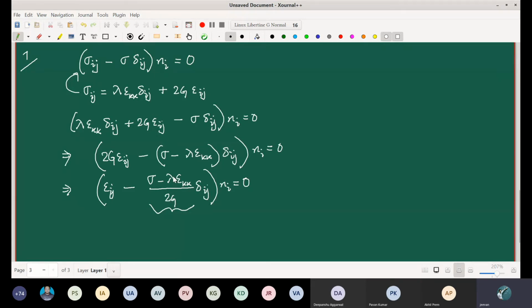So overall this term is a scalar term, multiplied with this delta ij. So again the second term within this bracket is like the generic eigenvalue statement that we have for the principal strains.